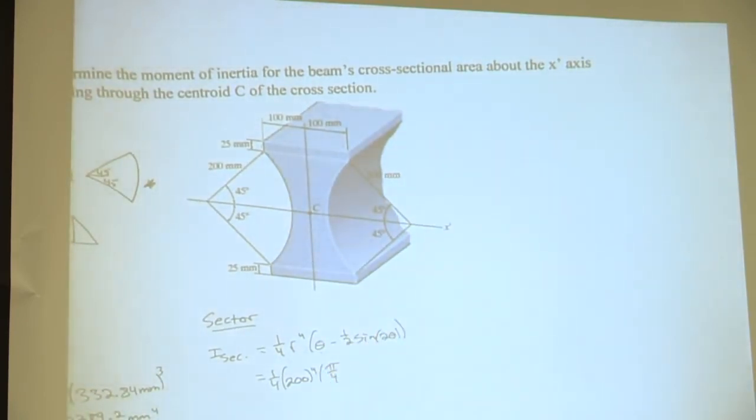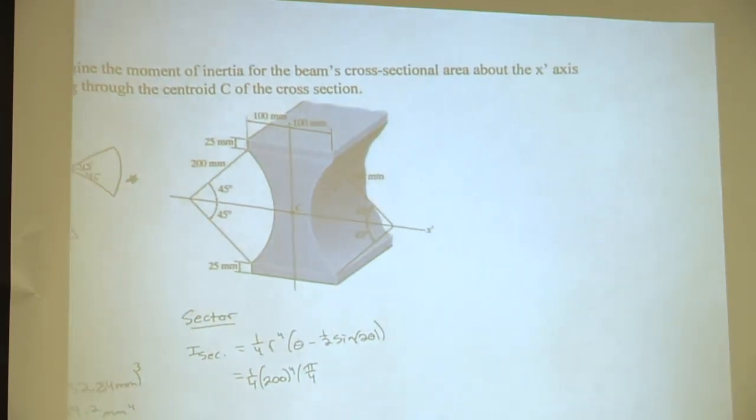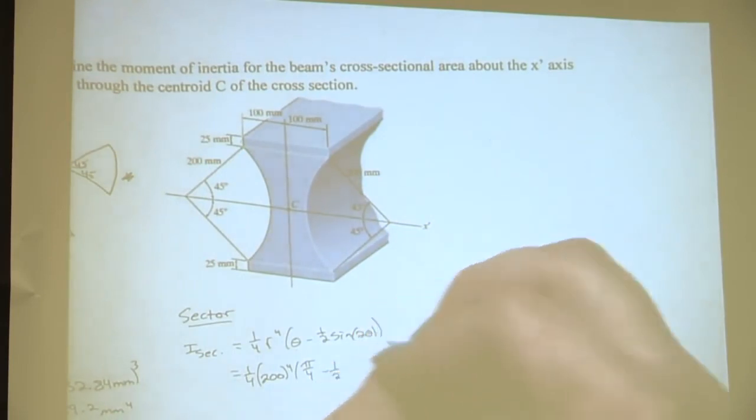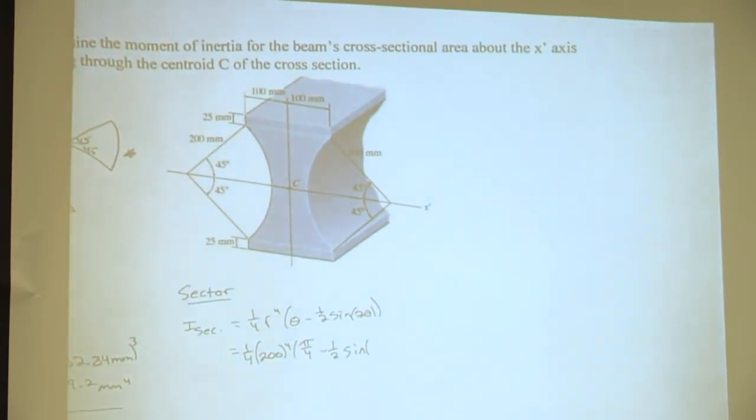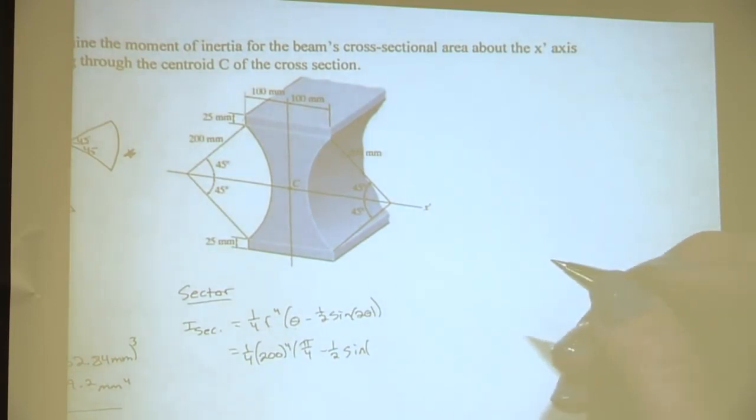Does anyone not understand how to get pi over 4? No? Okay. So minus 1/2 sine, and 2 times theta is what? So it's pi over 2. So can we leave this one as degrees? Yes, if you want to.